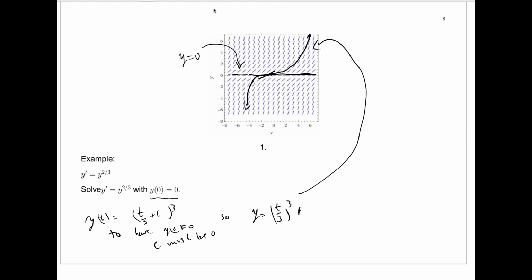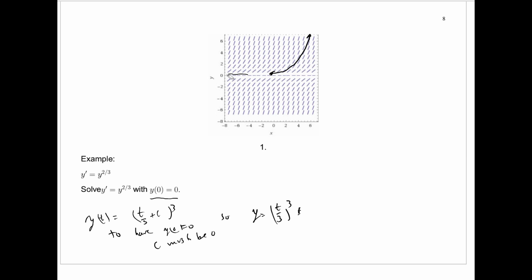Now, what might other solutions look like to the same initial value problem? Well, I claim you also have a solution that looks like this.